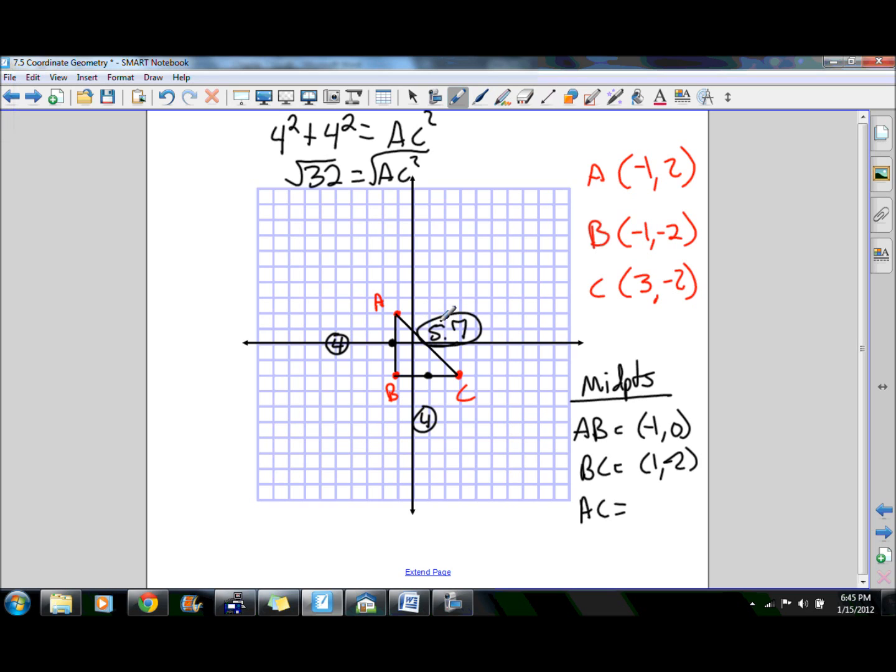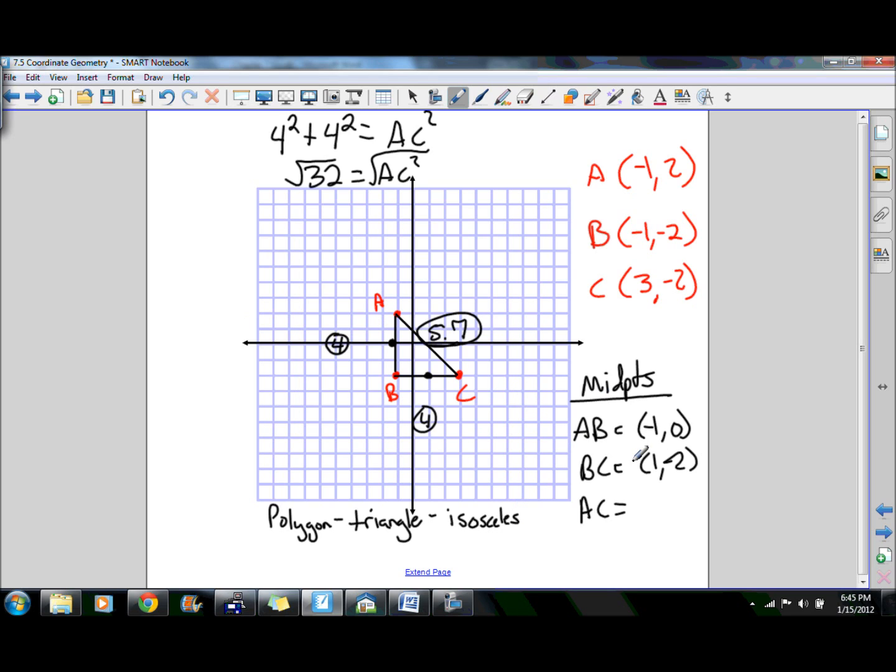Well, first of all, we know it's a polygon. Secondly, we know it's a triangle. And because we have 4 and 4, this has to be isosceles. So there you go. We have our classification.